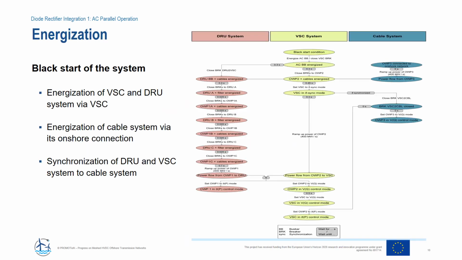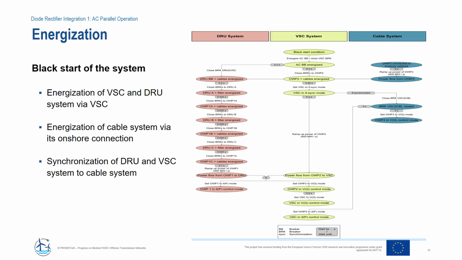Finally, some words on the safe energization, which is of course quite important for such an extended offshore system. We will not go into details on the exact sequences here, but as you can see, the whole energization process is basically done stepwise and driven from the offshore VSC converter, which in turn is fed from its own onshore side. Generally speaking, the DRU units need to closely follow the energization of the VSC system and are connected in a staggered way to minimize the transients.